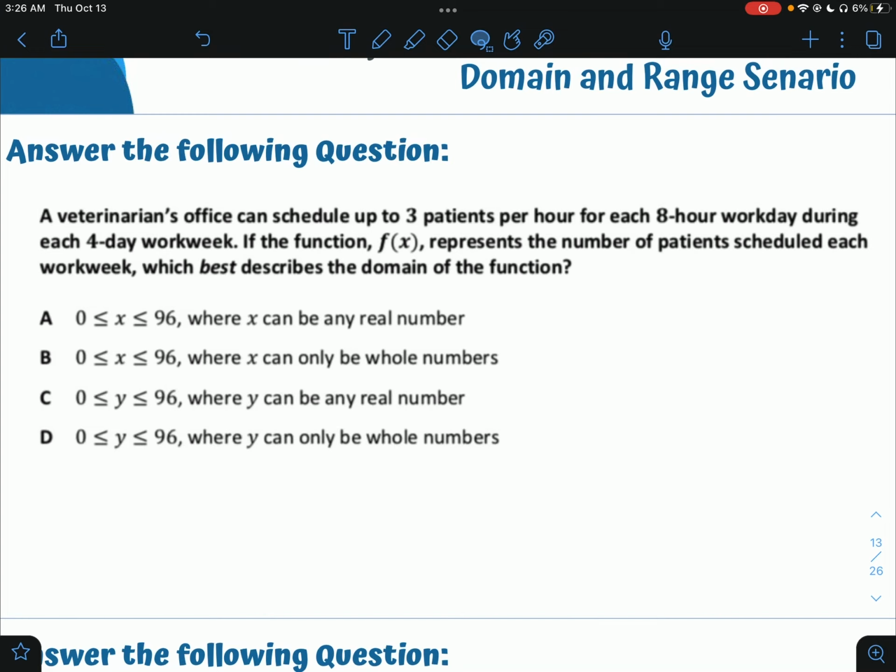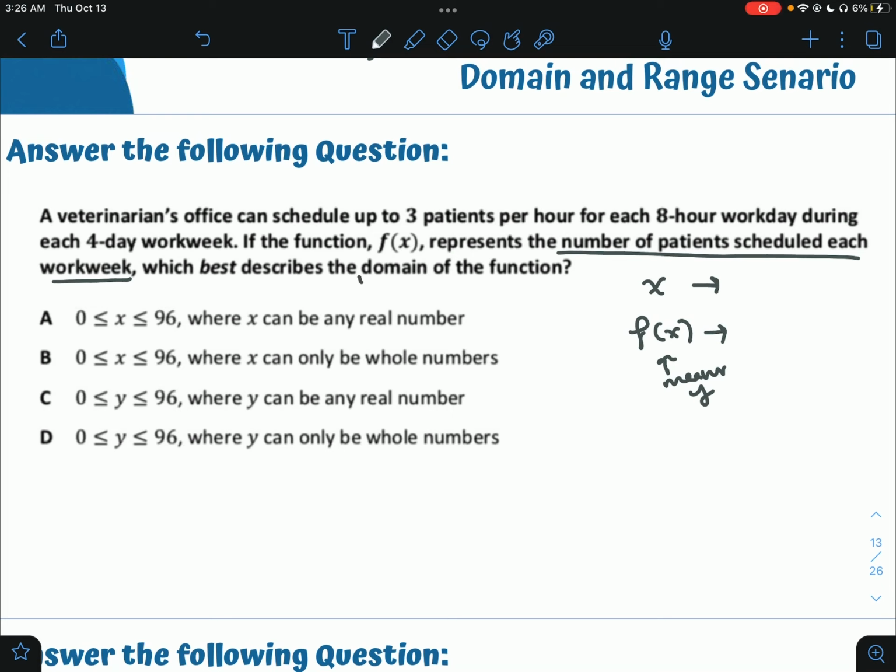So first thing, what is on our x-axis? What is on f of x? From last class, you should remember that f of x means y. F of x is the same thing as y. So we are talking about the number of patients scheduled each work week.